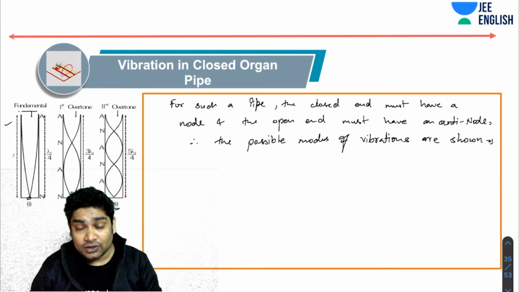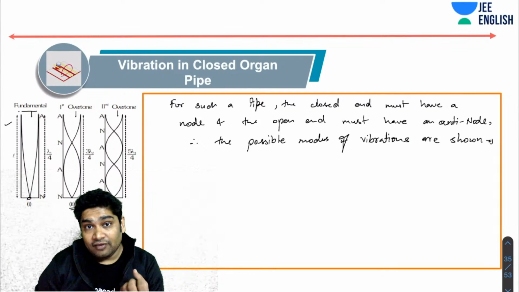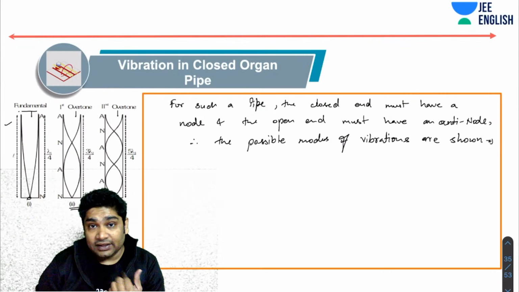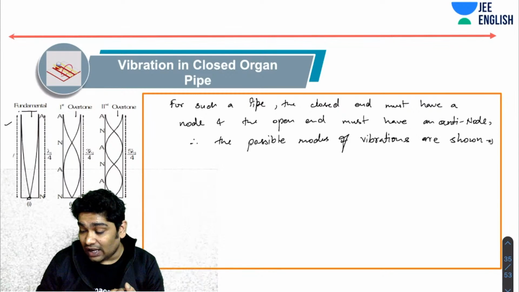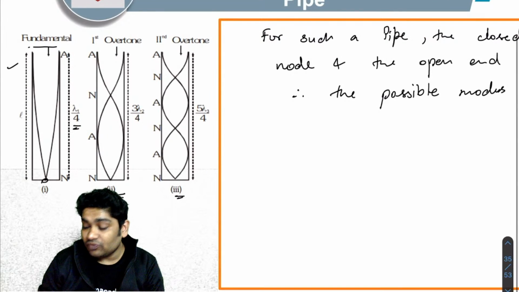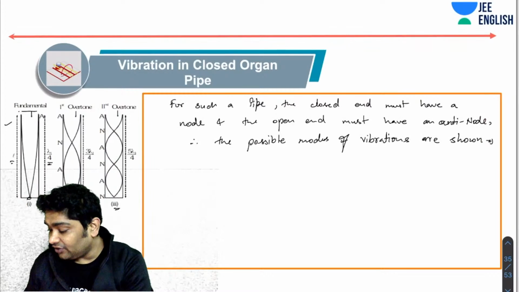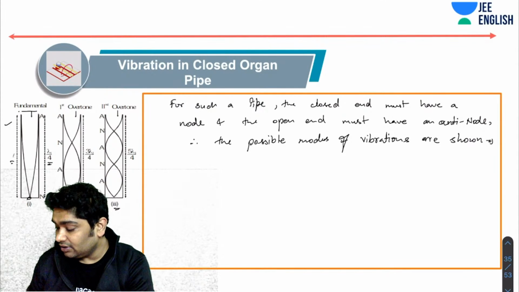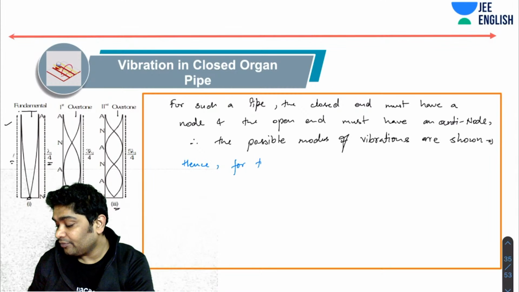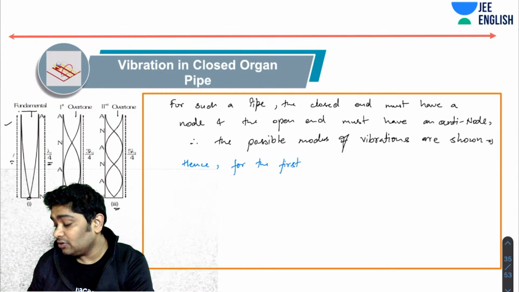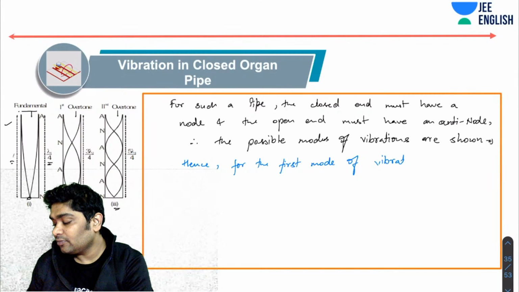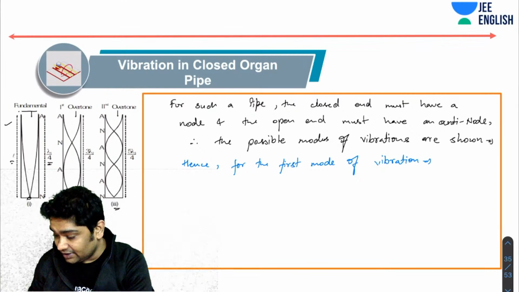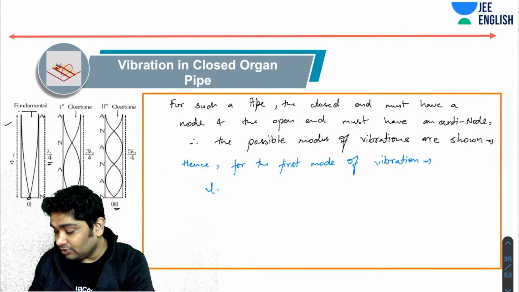Now if this vibration is happening in the first mode, then this is an antinode and this is a node. So the distance between these two has to be lambda by 4, which would be equal to L. Hence, for the first mode of vibration, L would be equal to lambda by 4.